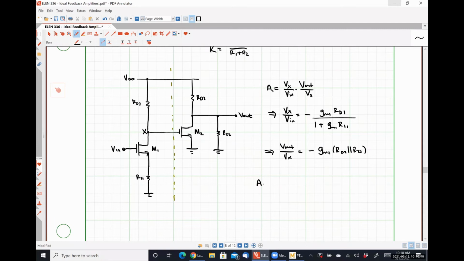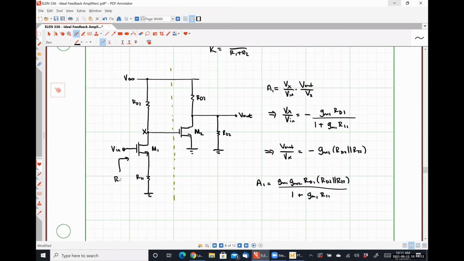And so our open loop gain is just the product of these two guys. So that's going to be gm1 gm2 RD1 times RD2 in parallel with R22, all divided by 1 plus gm1 R11.